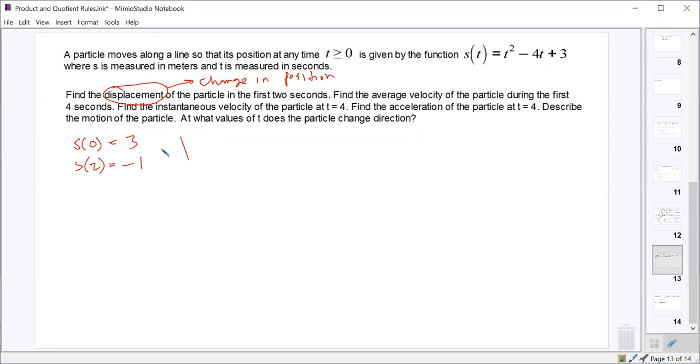So we would say the displacement is 4 units. What is it? Meters, right? 4 meters. And we could indicate a direction to that. We could say that it's 4 meters to the left, but the displacement of 4 would be good enough. No calculus there, right? Pretty easy one.